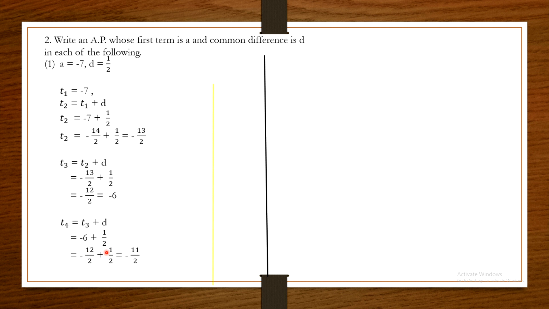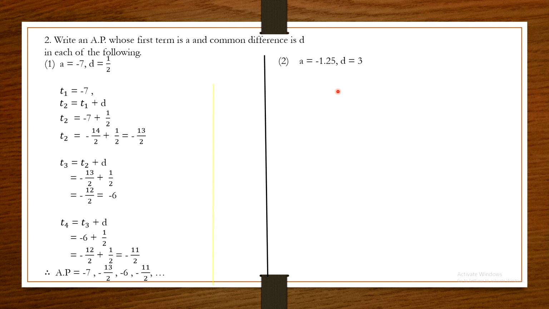So minus 12 plus 1 we will get minus 11 by 2. So we can write the terms of the AP as minus 7, minus 13 by 2, minus 6 and minus 11 by 2 and so on, that means an infinite sequence.